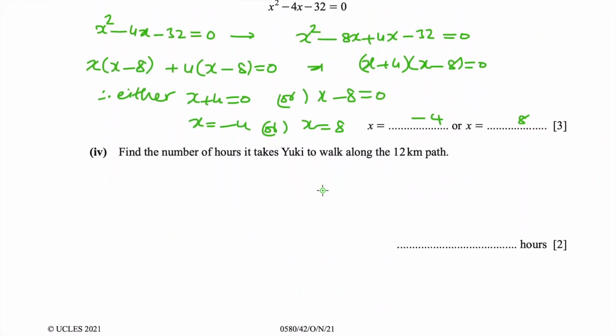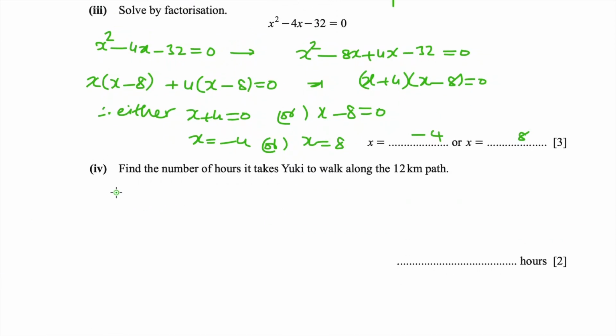Now the next question. Find the number of hours it takes Yuki to walk along the 12-kilometer path. So here x has two values, so we find the number of hours it takes Yuki. The only valid value of x for speed is x is equal to 8.